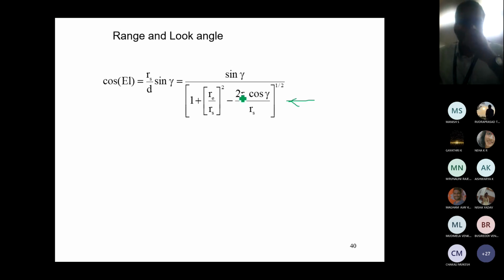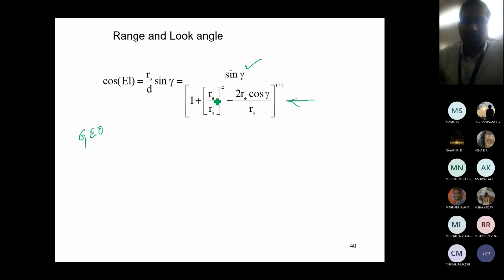Now, if you look at this expression, what are the unknown terms? Gamma is unknown. Re, Rs, if you consider a geostationary Earth orbit satellite, Re is not related to the satellite because it is the radius of the Earth, which is 6,357 or something around that.